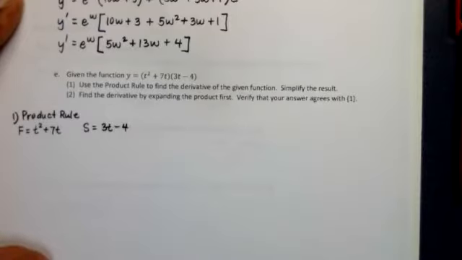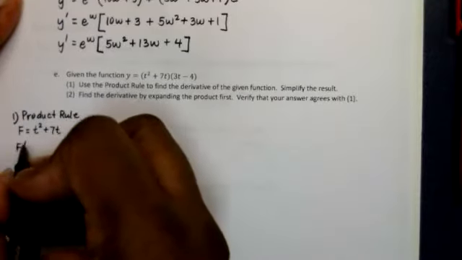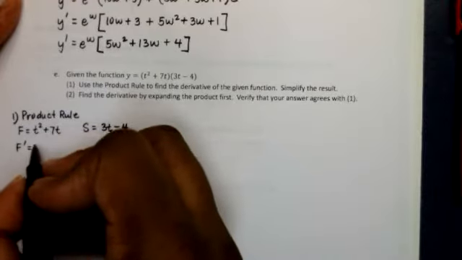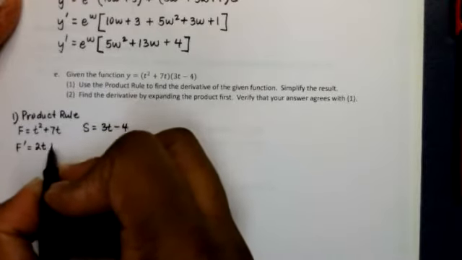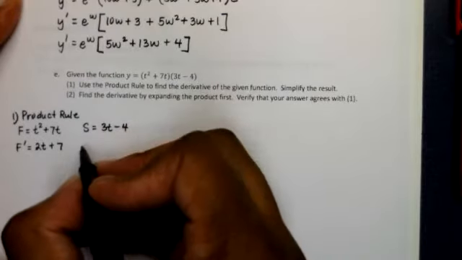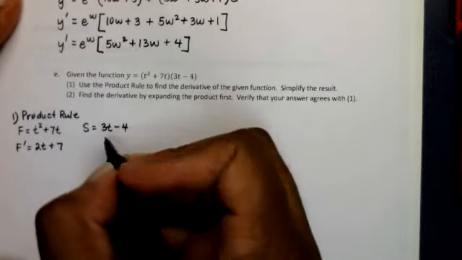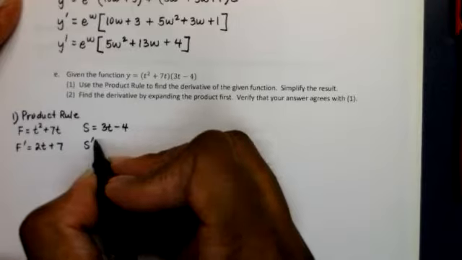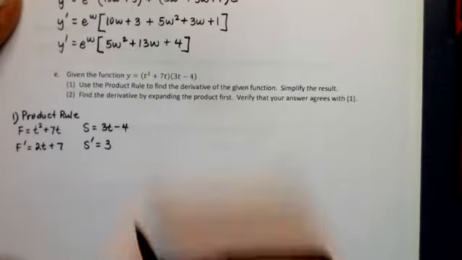That's what s will be. So if the first is t squared plus 7t, the derivative of that first term would be 2t plus 7. And then for s, the second term, that's 3t minus 4, the derivative of that would just simply be 3.